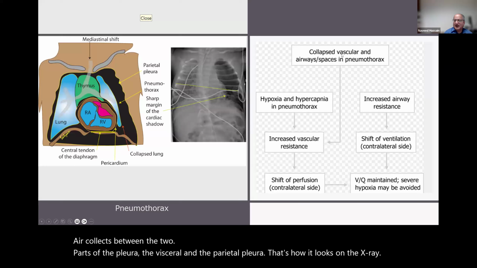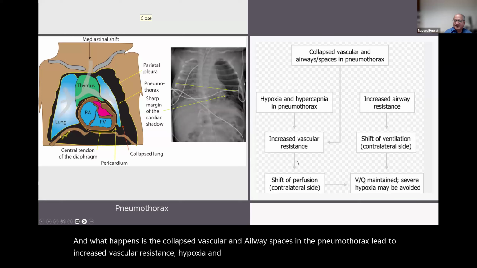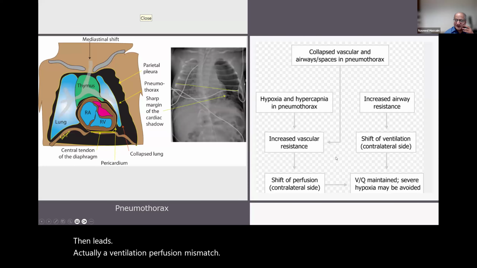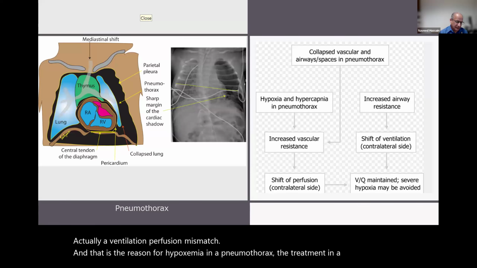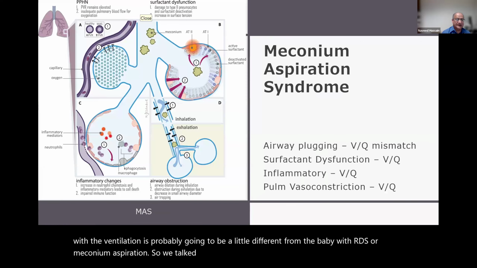The collapsed vascular and airway spaces in the pneumothorax lead to increased vascular resistance, hypoxia, and hypercapnia, and then lead to a ventilation perfusion mismatch. And that is the reason for hypoxemia in a pneumothorax. The treatment in a pneumothorax with the ventilation is probably going to be a little different from the baby with RDS or meconium aspiration. So we'll talk about that later.